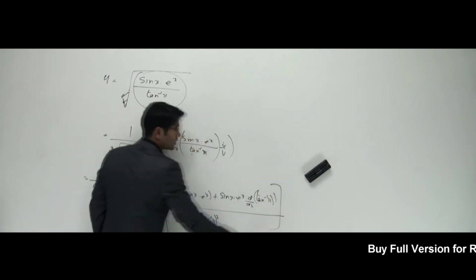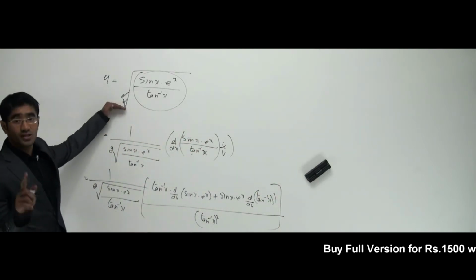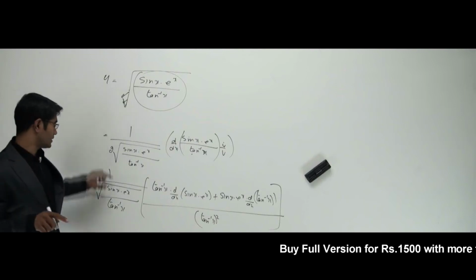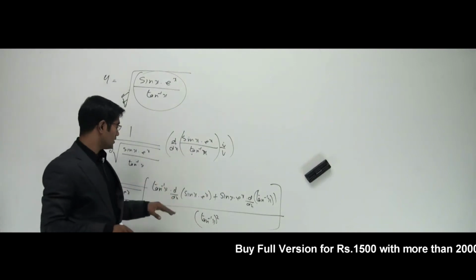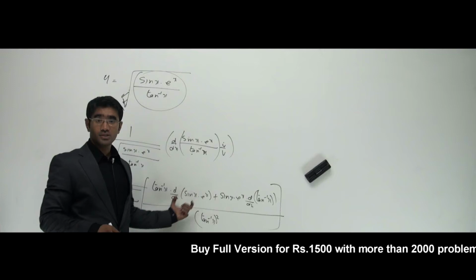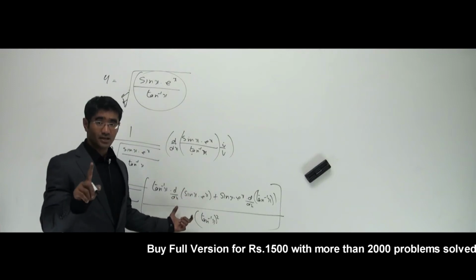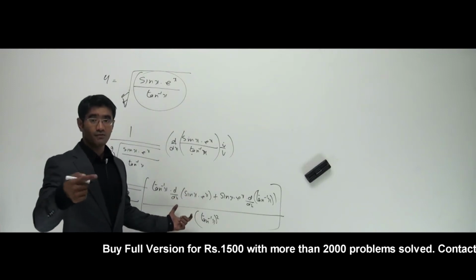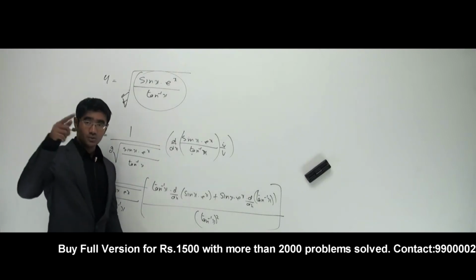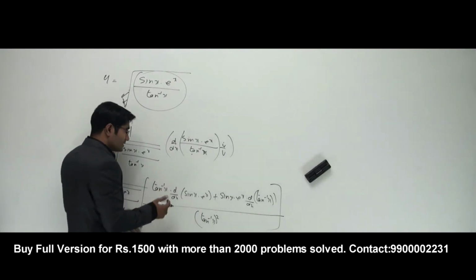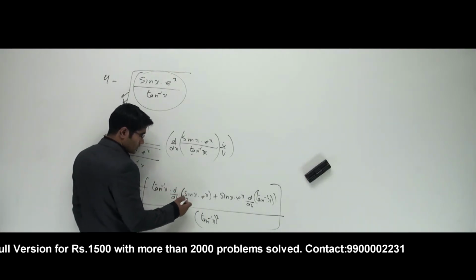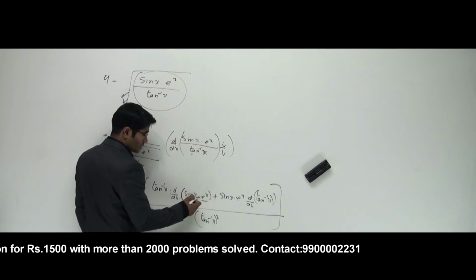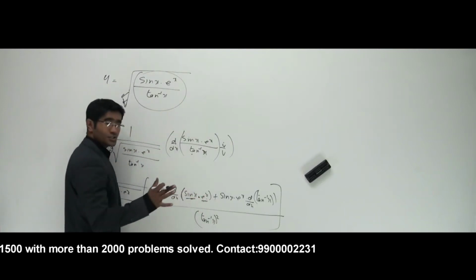Done. So now here I only differentiated the root, square root, that's it. All right, now here I come again, separating them. I'm just separating them, getting them single at a time so that I can differentiate them. If you remember the rule we discussed at the start. Now I can see that the differentiation sign is for sine and e power x, and there's a product rule between them. There are two guys, I can't differentiate them.